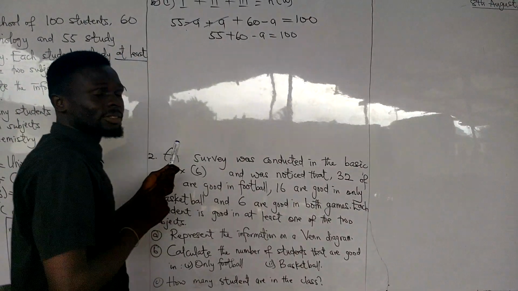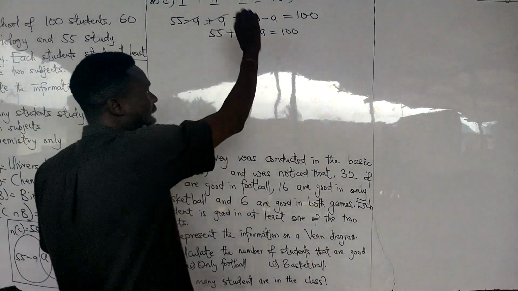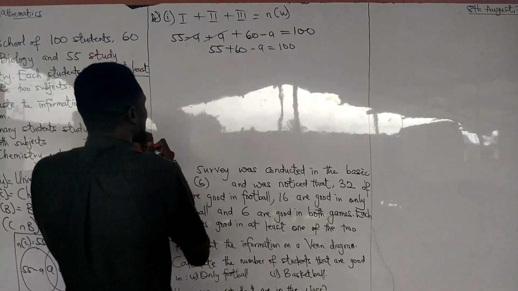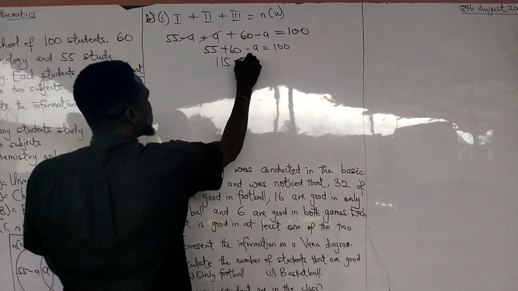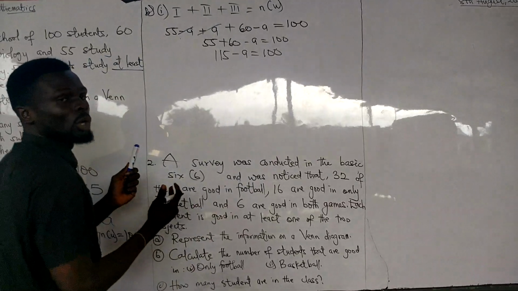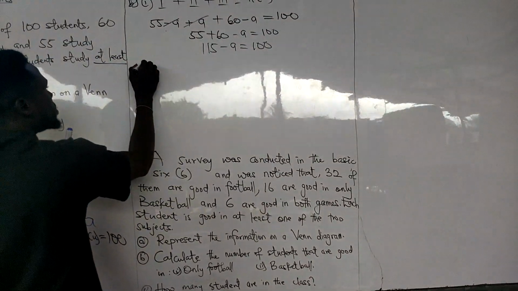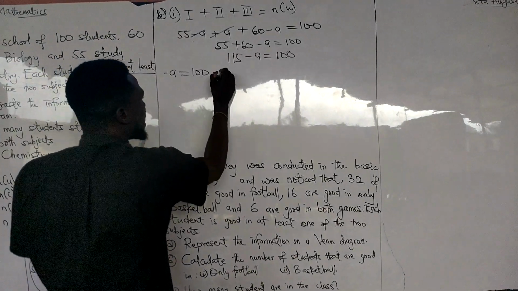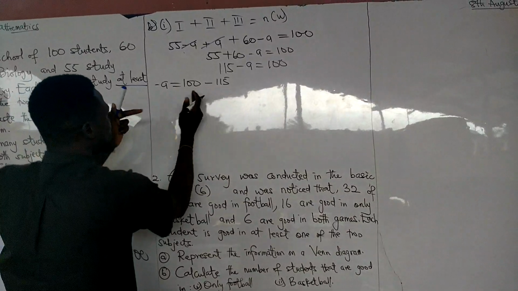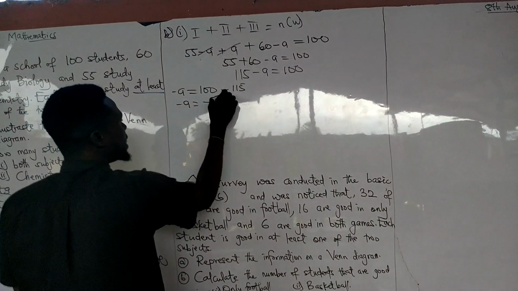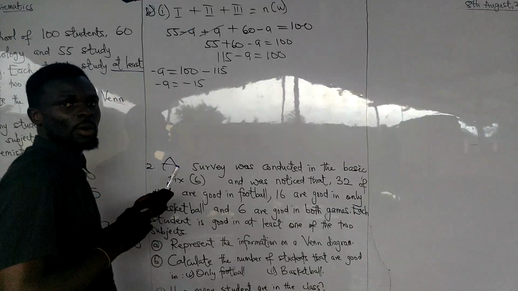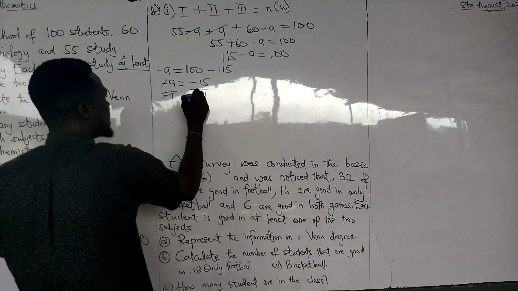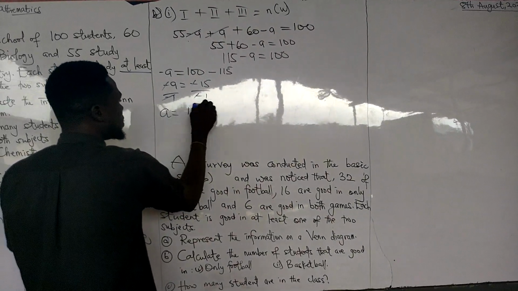This and this will give us 115 minus A is equal to 100. We group like terms. So we are going to say negative A is equal to 100 minus 115. If we subtract, we have negative A is equal to negative 15. Then we divide both sides by negative 1 to get rid of the negative. So A is equal to 15.